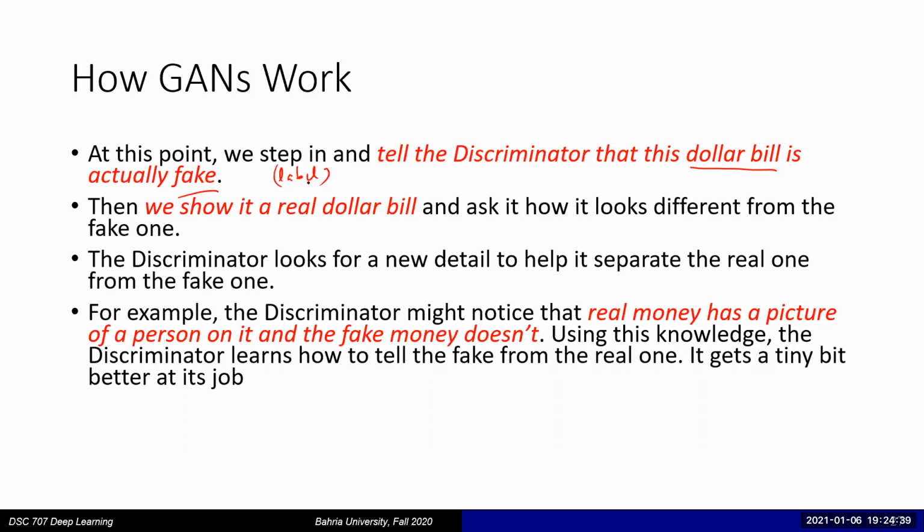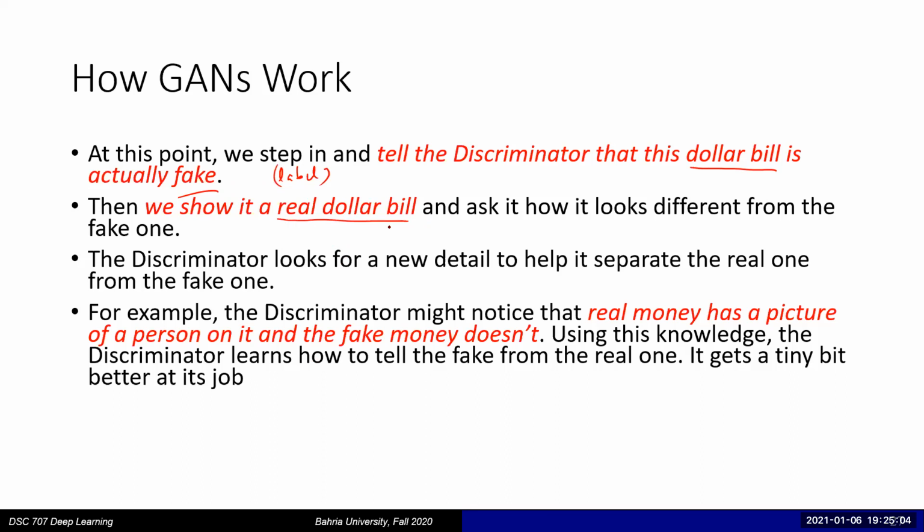Okay, you tell the actual label, that it is fake. And at the same time you also show it a real dollar bill, and then the discriminator will see, okay, the real is something like this because it can see the label, and the fake is something like this. So it will try to figure out, okay, how should I adjust my weights? In other words, it will try to figure out what is the difference between these two.